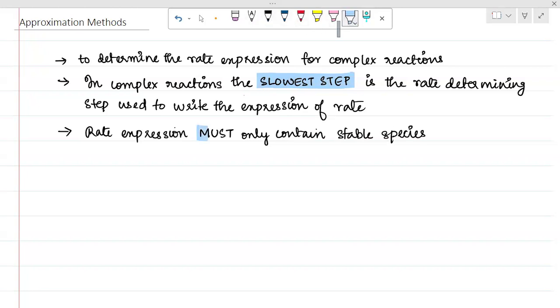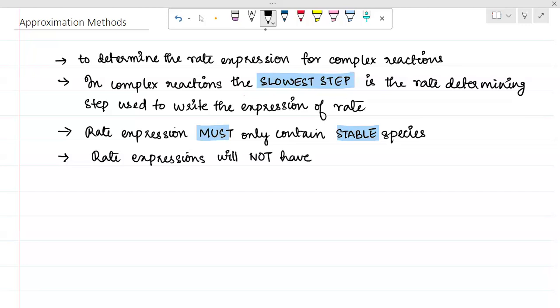Very important. In other words, rate expressions will not have intermediates.